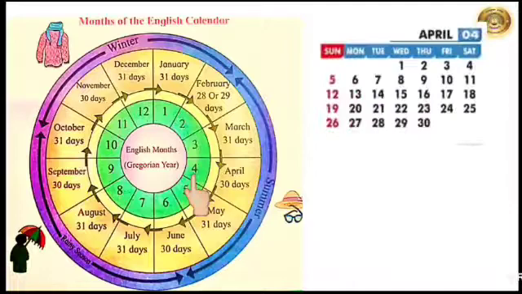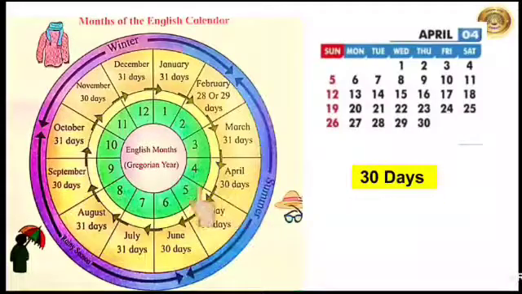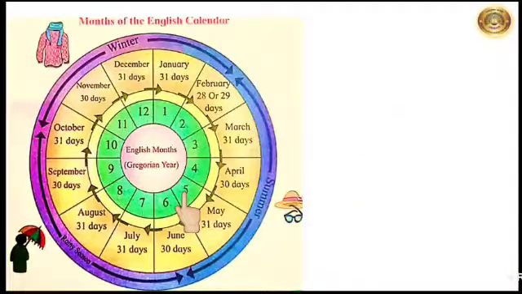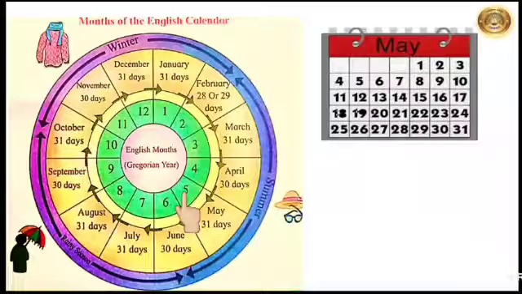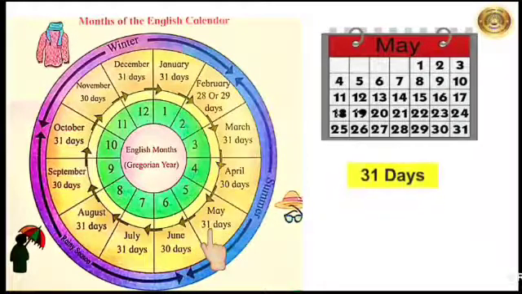The fourth month of the year is April. April is the fourth month of the year and it has 30 days. Now, next, fifth month, that is May. May has 31 days.